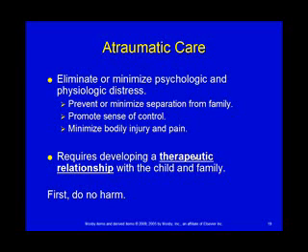Now, in order to do this, we have to develop a therapeutic relationship with both the child and the family. And that takes us back to that enabling and empowerment. And our first goal is always to do no harm. Some of the things we do hurt. And if we can treat the child without hurting them, that's what we want to do, to first do no harm.